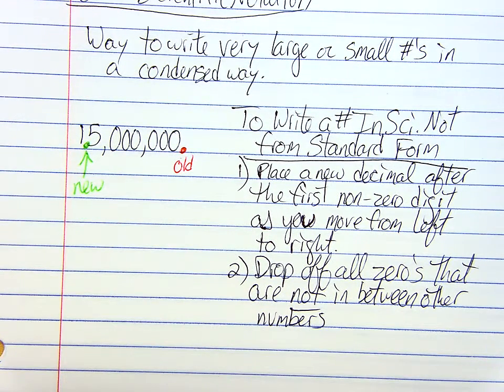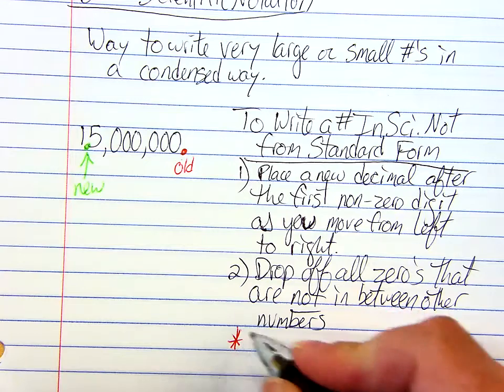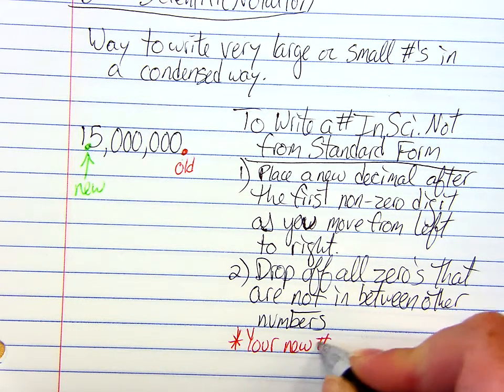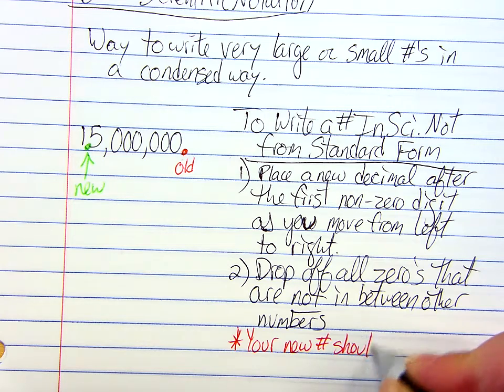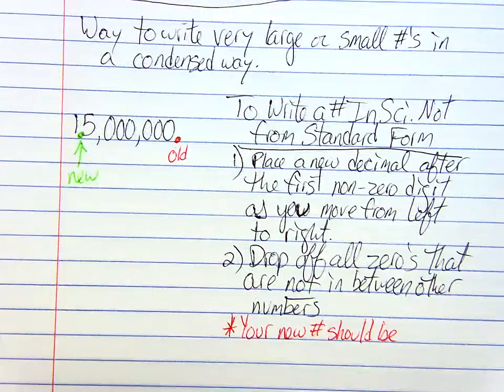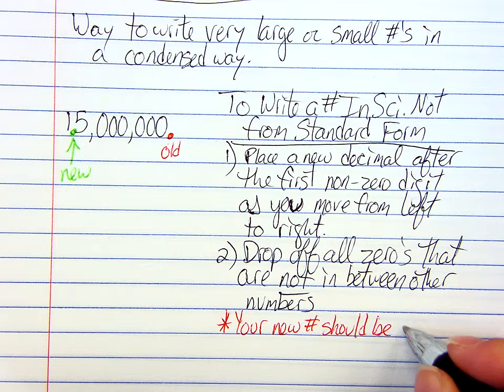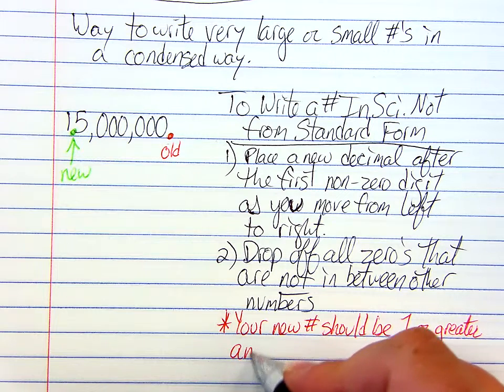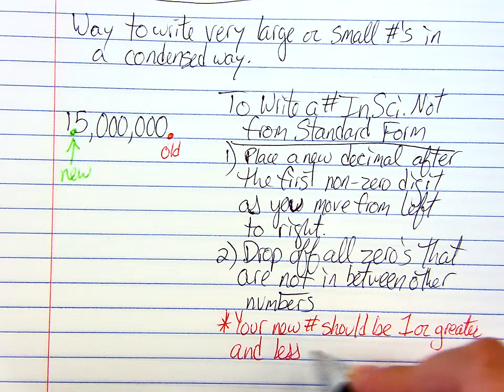Okay, so I'll put a big star because this is really important. Your new number should be one or greater and less than 10. So can it be 10?